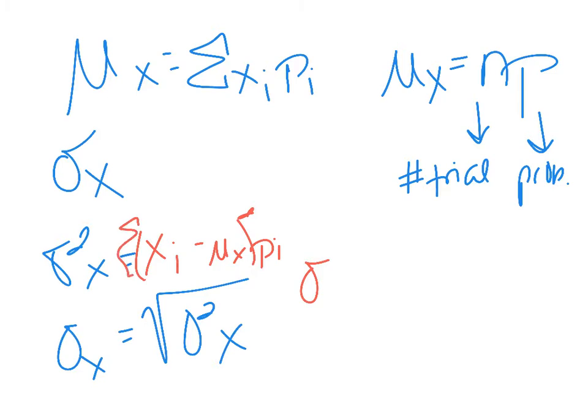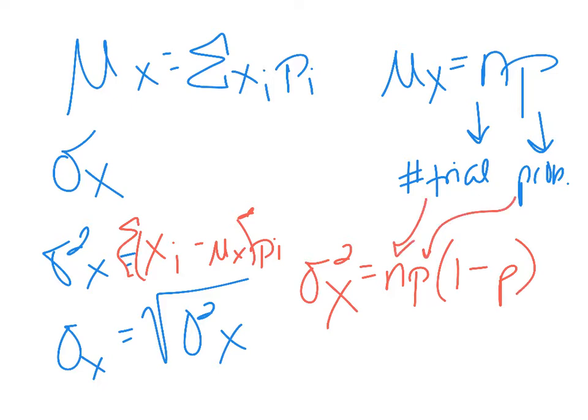Again, it simplifies down for a binomial distribution only. The variance simplifies down to the number of trials times the probability times 1 minus the probability.